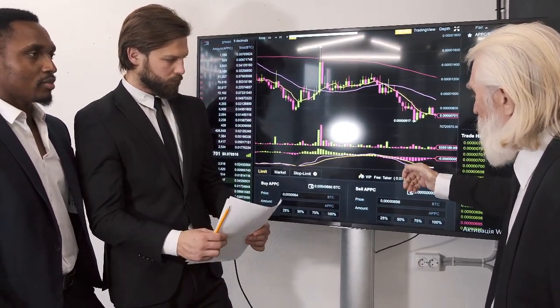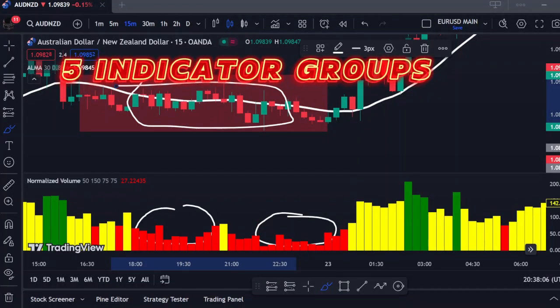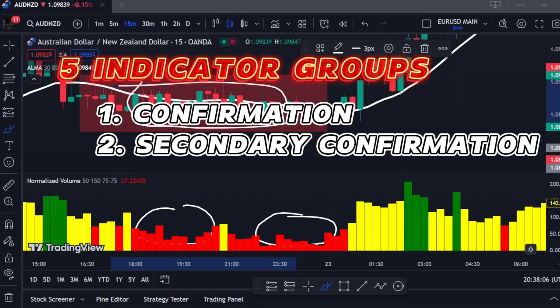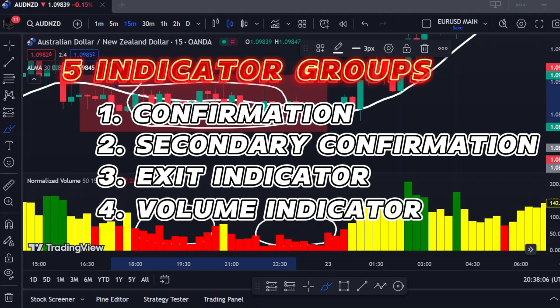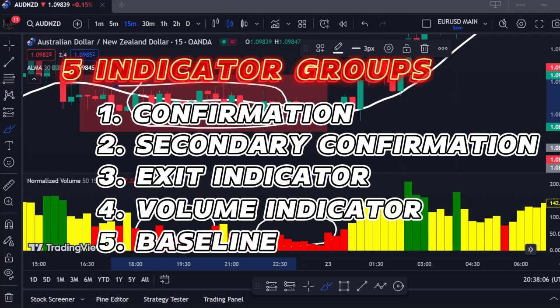You need to have a confirmation indicator, which is any indicator that tells you about the trend, a secondary confirmation indicator, an exit indicator, the volume indicator, which I've already given to you guys, a baseline indicator, and so on. These are all things you have to apply to start getting better entries and better exit points in the market and start making that sweet profit.